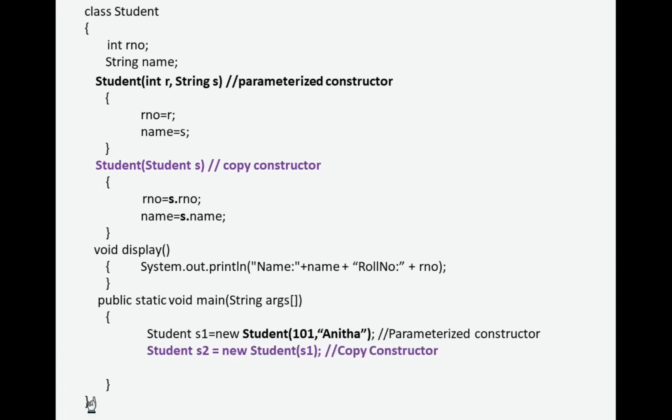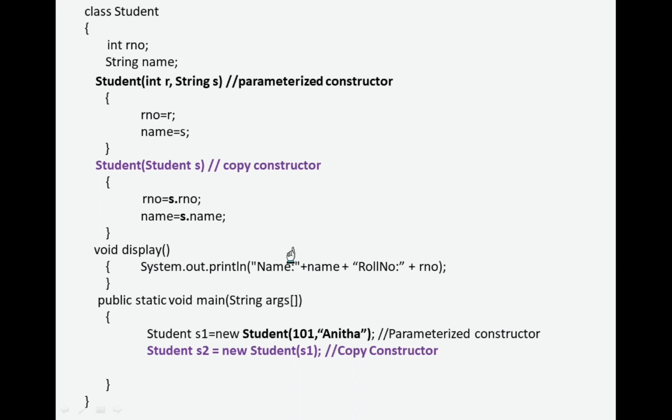Next, the copy constructor. Here, instead of passing the roll number and name, we are passing an object as argument. This object is nothing but S1. What will happen here?